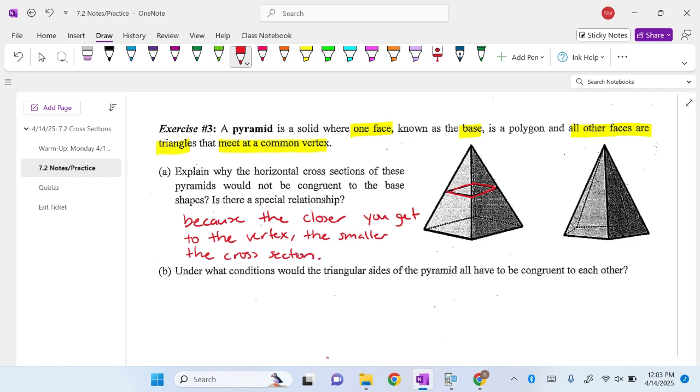Now, there is a special relationship between them. What do you think it is? So instead of it being congruent to the base, it would be what?